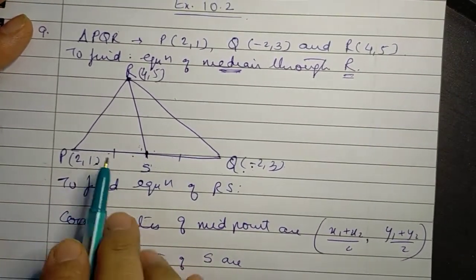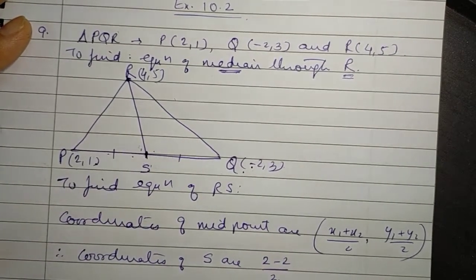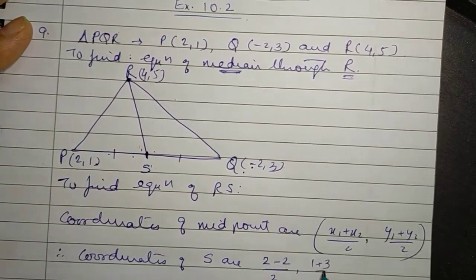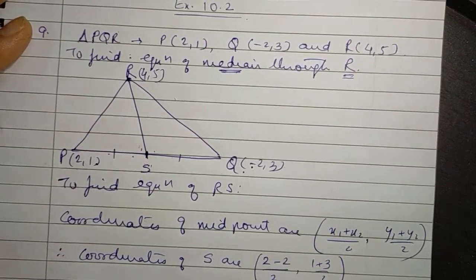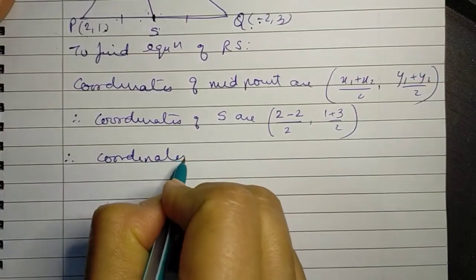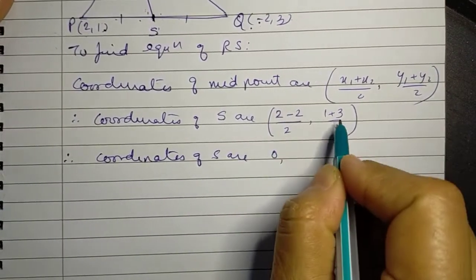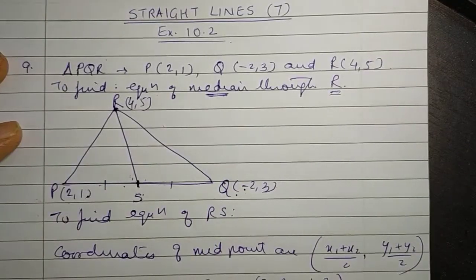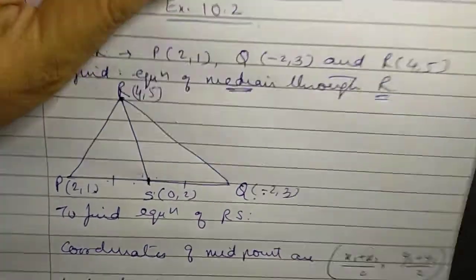Now what do we have? X coordinate is the sum of the two x coordinates upon 2 and the y coordinate is sum of the two y coordinates upon 2. Therefore coordinates of S are, this is 0 upon 2, that is 0, and this is 4 upon 2, that is 2. Now we know the coordinates of S as 0 comma 2.